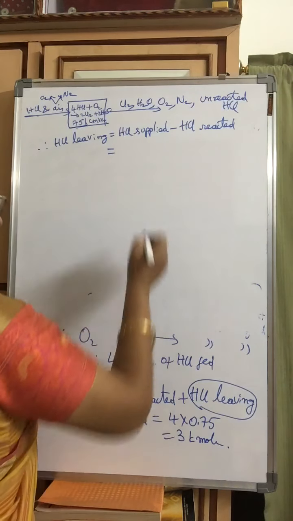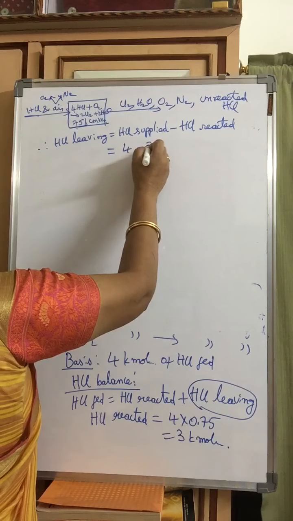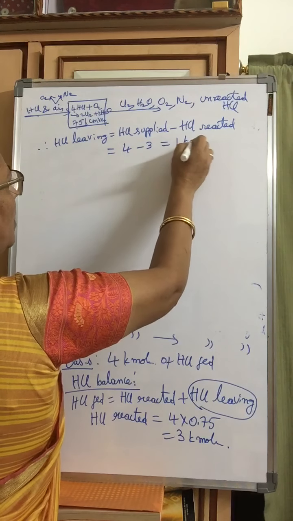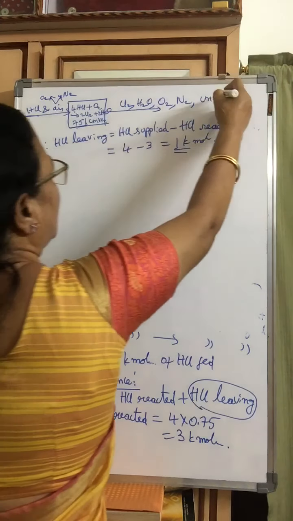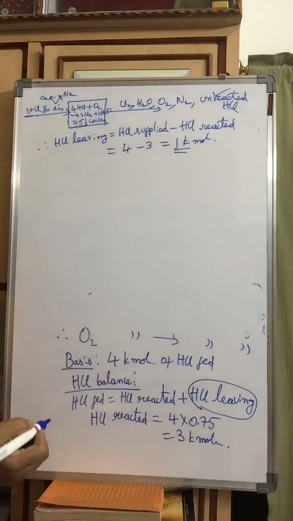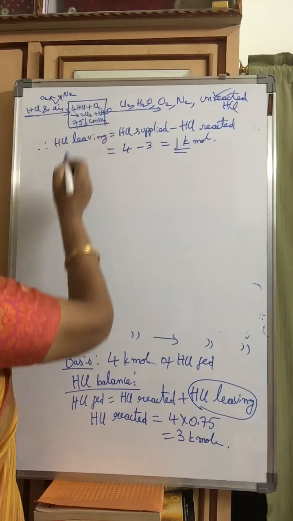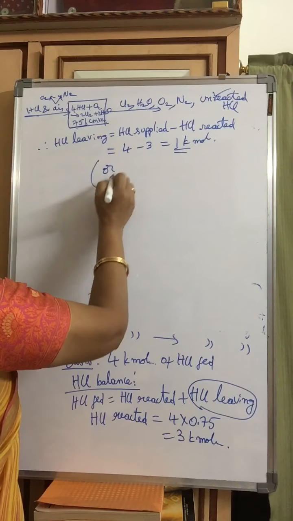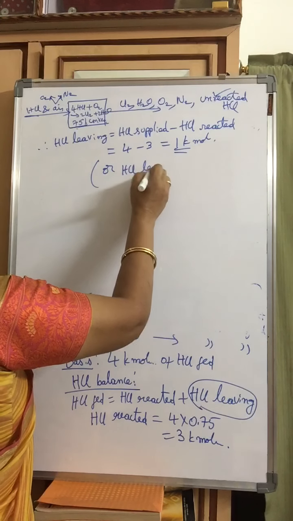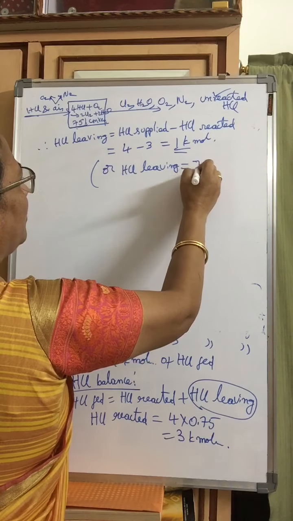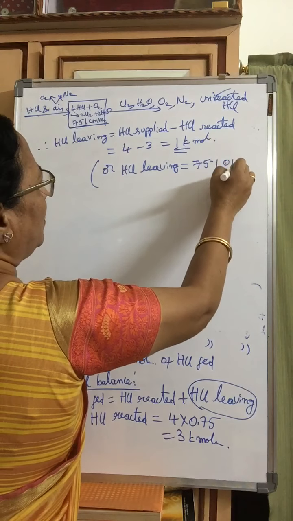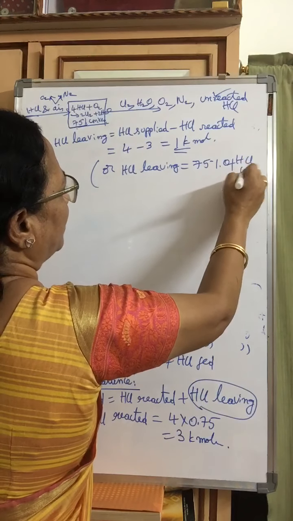So HCl supplied is 4 moles and reacted is 3, therefore 1 kilomole is HCl leaving. So HCl calculation is over. In other words, here 75% is converted, so HCl leaving is 25% of HCl fed.